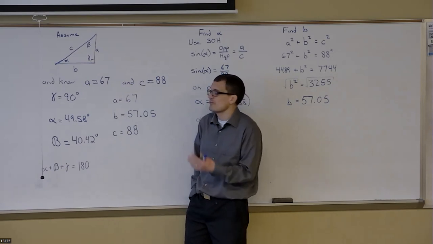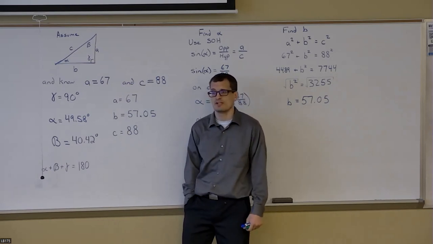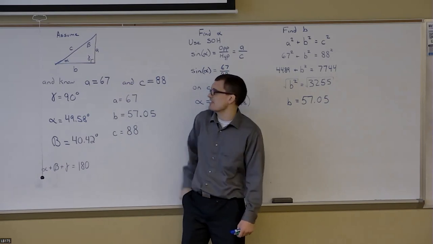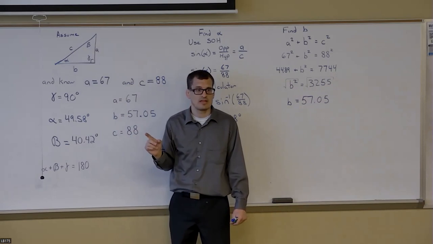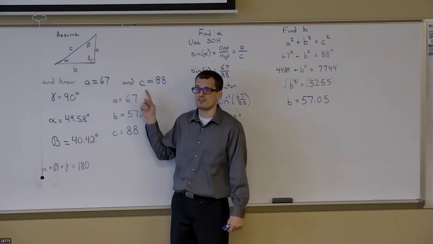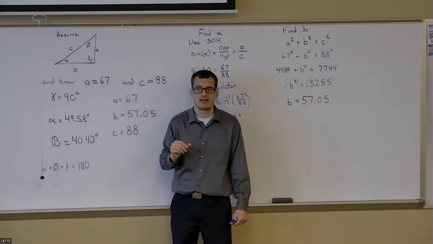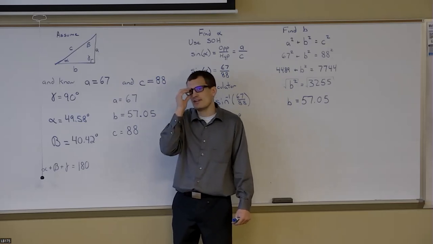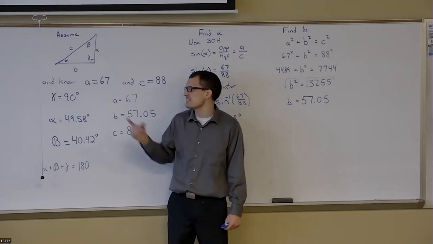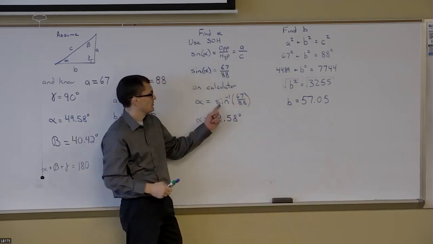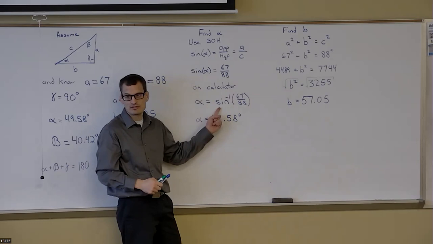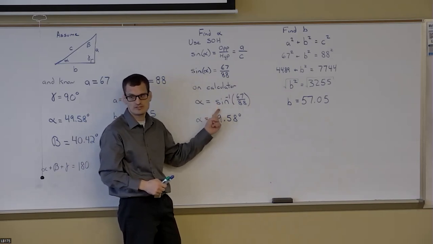But those are all of the solving of right triangles that we're going to do. You're either going to be given an angle and one of the three sides, or you're going to be given two of the sides. And if you know two of the sides, you can do this process. Don't forget that inverse function on your calculator. There's one for sine, there's one for cosine, there's one for tangent.